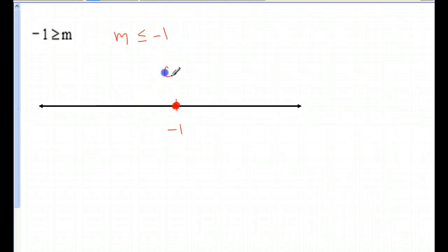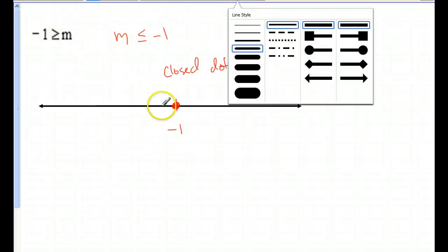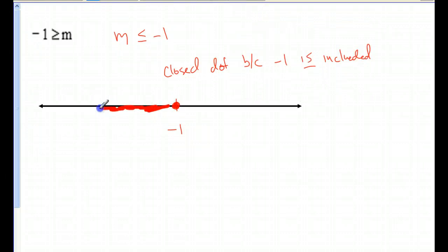So I use a closed dot, because -1 is included in our set. And this time m is less than or equal to -1. So again, we're shading to the left side.